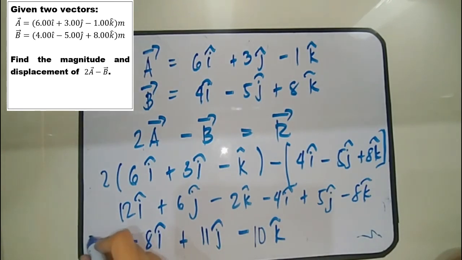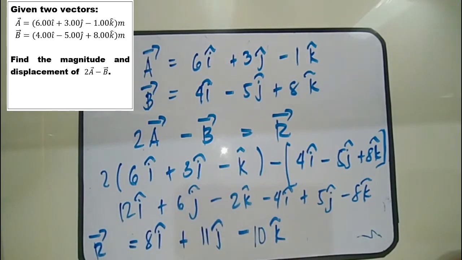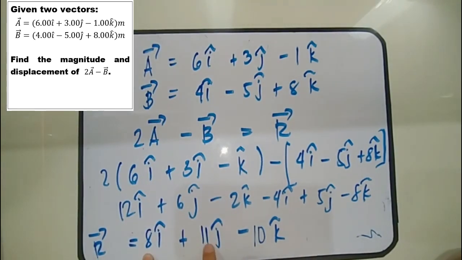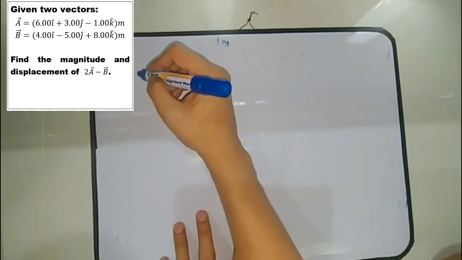So this is 2 times vector a minus vector b. So kunin natin guys yung resultant niya. So this is your x component, y component, and z component. So using trigonometry. So, just like in algebra, you cannot combine like terms here. So, this is yung component ng vector r, so scalar.